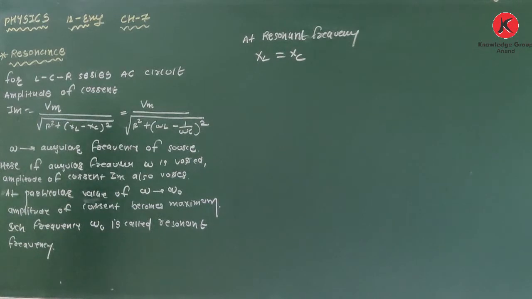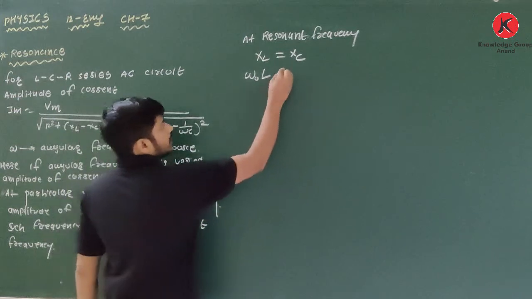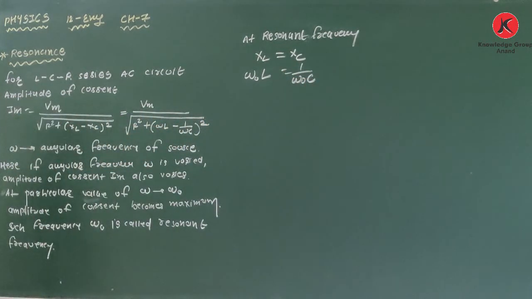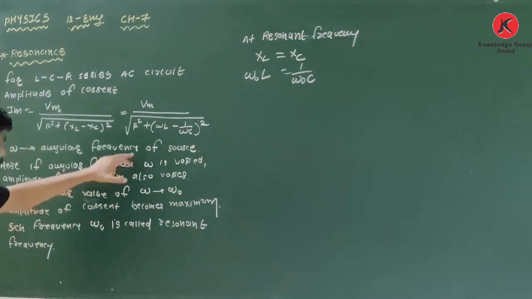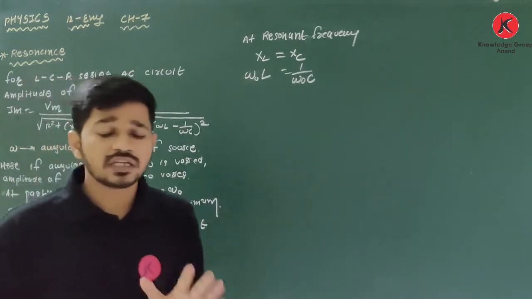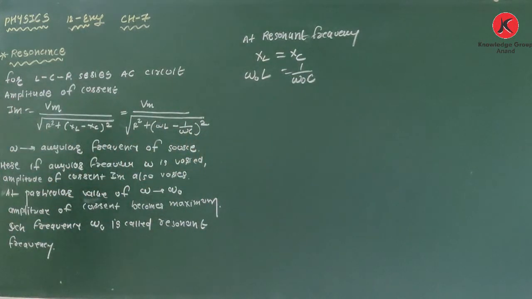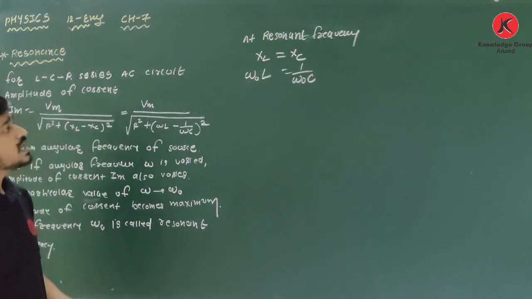XL means omega 0 L is equal to 1 upon omega 0 C. At this particular value of omega, the inductive reactance and capacitive reactance both become equal.